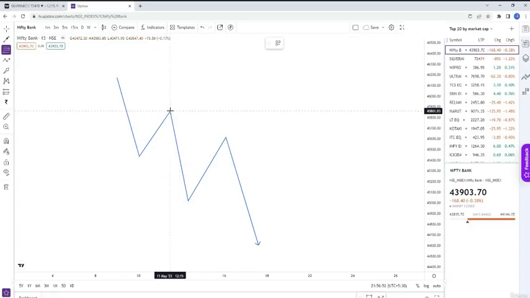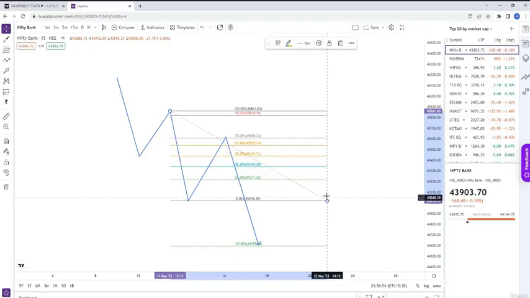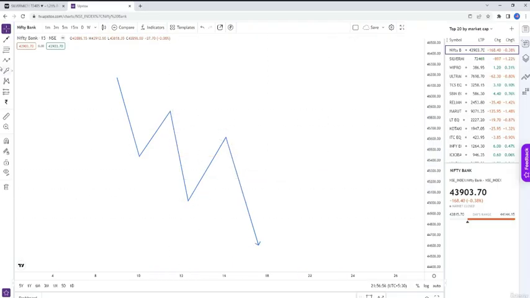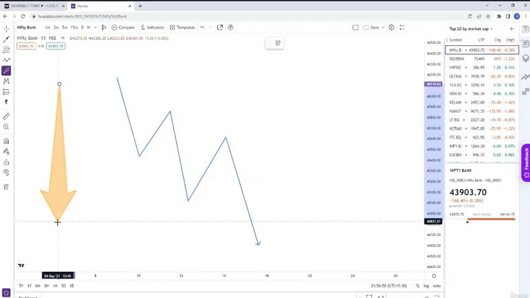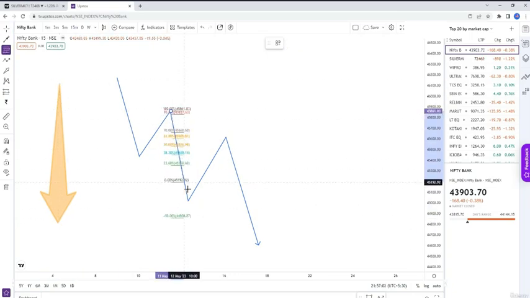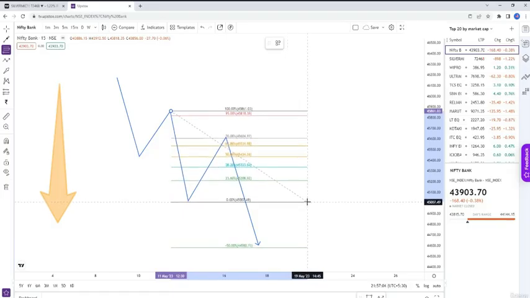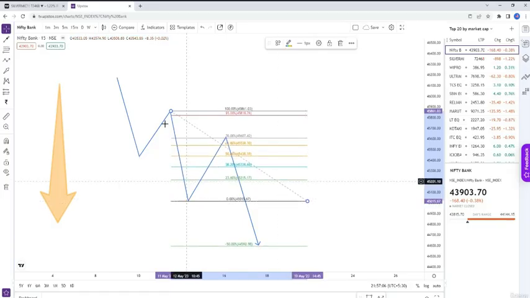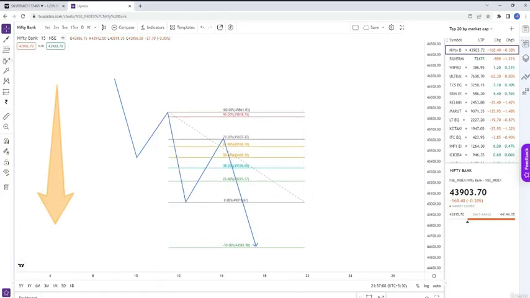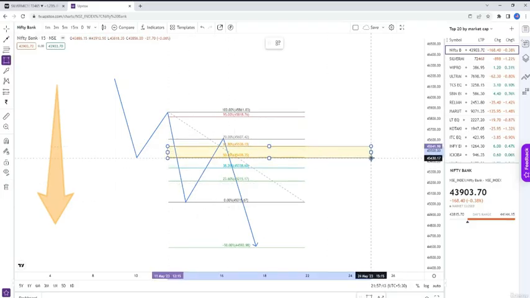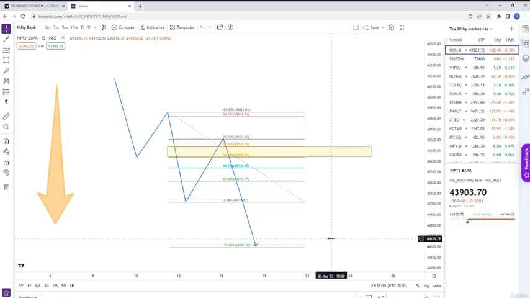So here I'm drawing this leg from here to here. Since we are going down in this downtrend, Fibonacci will be drawn from the top, and we put 0% at this bottom. This is what our Fibonacci is. This is the zone we would be having. That's it.